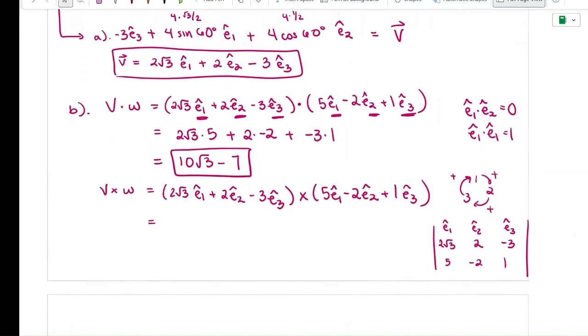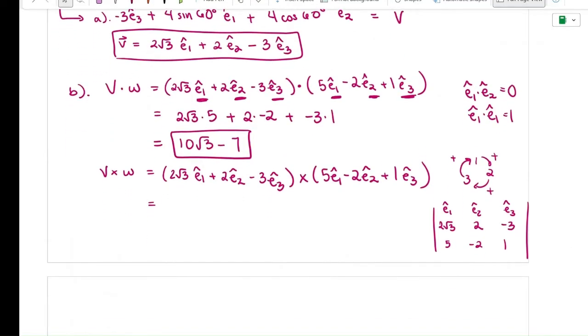If you haven't learned determinants yet, I'll briefly go through both. So for the determinant method, you first X out the first column, the e1 hat column, so I have e1 hat. And then I take the determinant of this, which is just equal to this product minus this product. So that means I have 2 times 1 minus negative 2 times negative 3, which is 2 minus 6, which is negative 4.